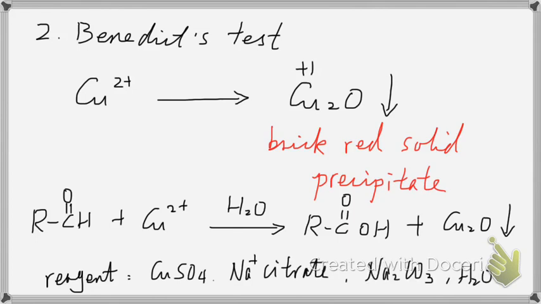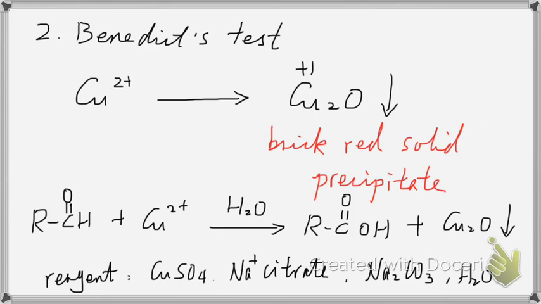Aldehyde will be oxidized to carboxylic acid, and the copper-2 ion will be reduced to copper-1, and the copper-1 oxide will precipitate out, very characteristic brick red solid. The reagent used here actually is copper sulfate, sodium citrate, sodium carbonate, and water mixed together.